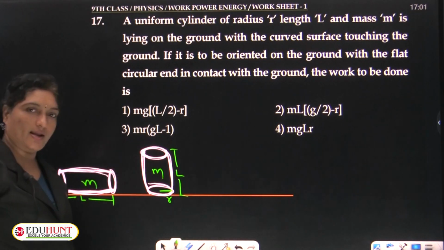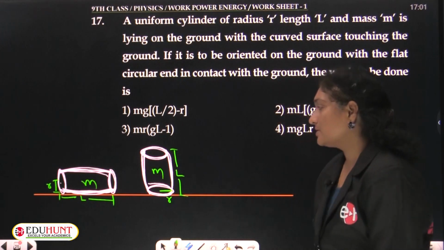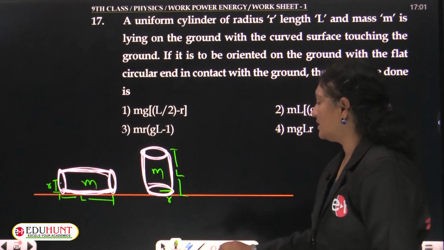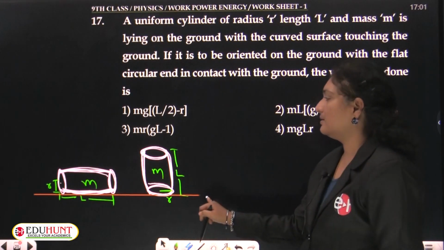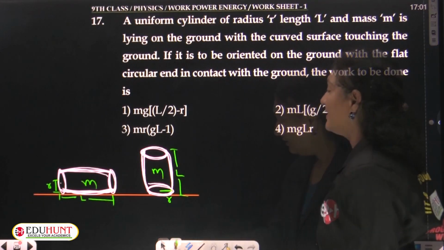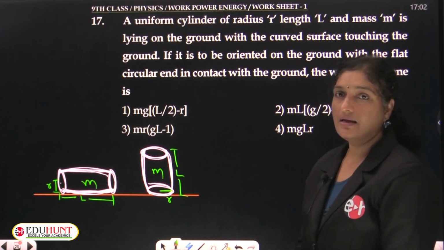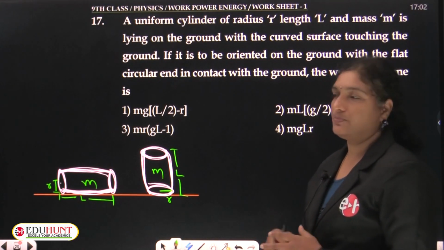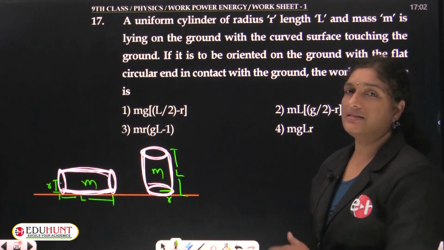to making it straight, we are doing some work because some force is applied on that. So, how much work is done? You have to identify how much work is done on this cylinder. To find this out, we know the formula for work done is force into displacement. So, how much force is acting and how much displacement.